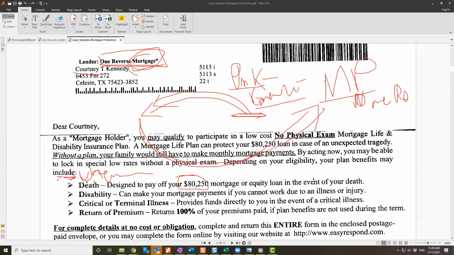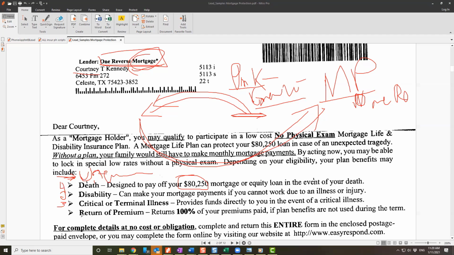Unemployment is number one, and then I move on. In the event of unemployment, disability, critical illness, or worst case scenario, untimely death. Courtney, I got a quote for you. If you're ready, I can go ahead and email those to you, or if you have a pen and paper, I can give you those right now.